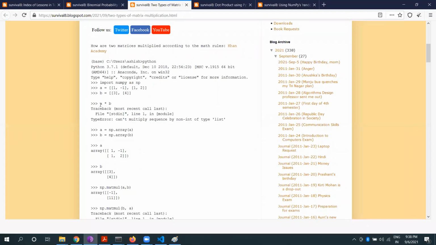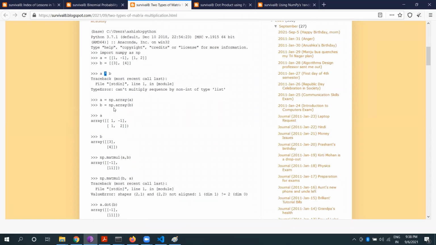Now, if we try to do a multiplication like we normally see with lists, this won't work. It would say we can't, because these are lists, and you can't multiply lists with an asterisk operator.